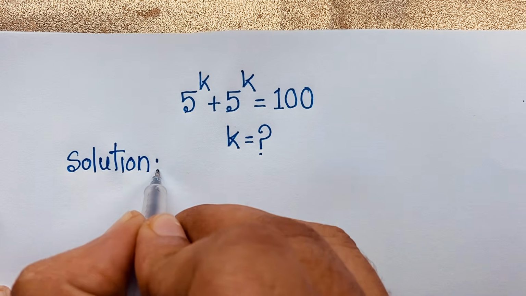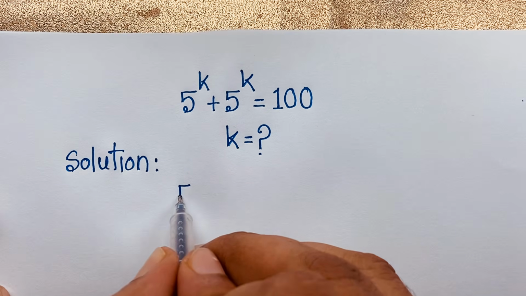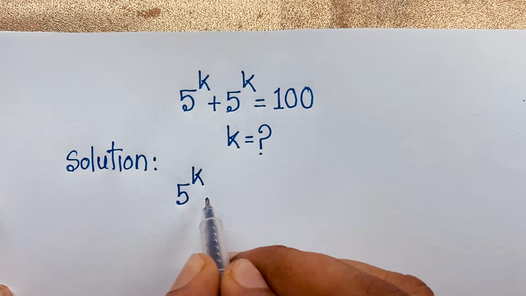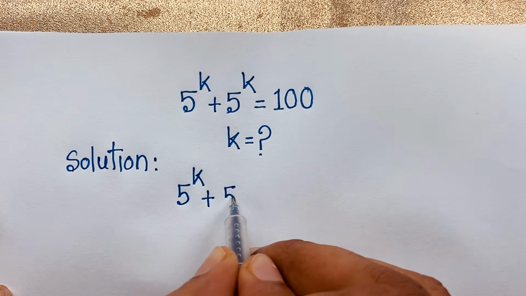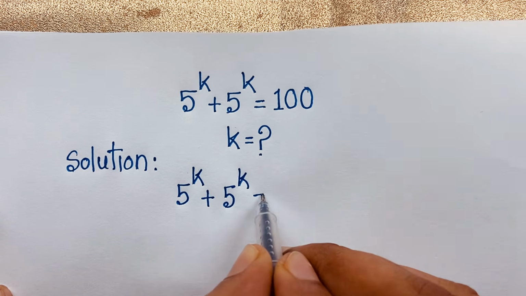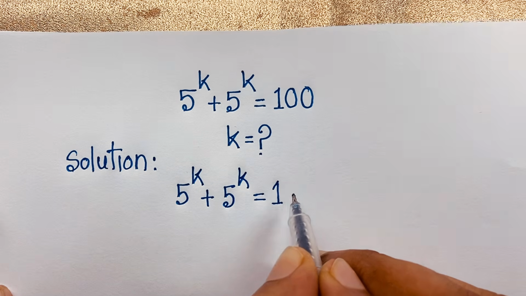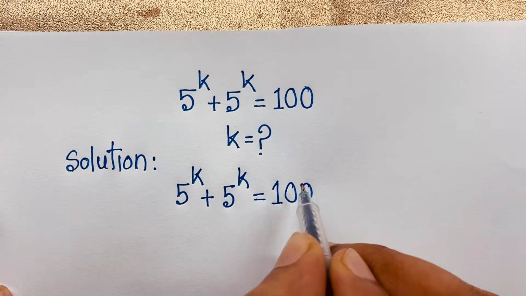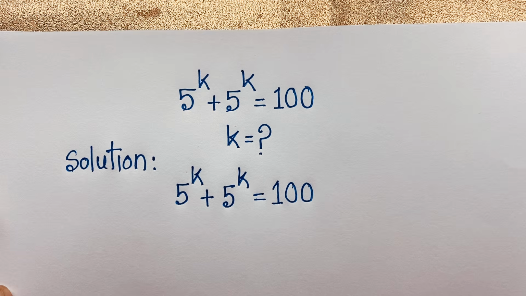Our question is 5 to the power k plus 5 to the power k is equal to 100. First of all, you can easily see here that 5 to the power k is common.